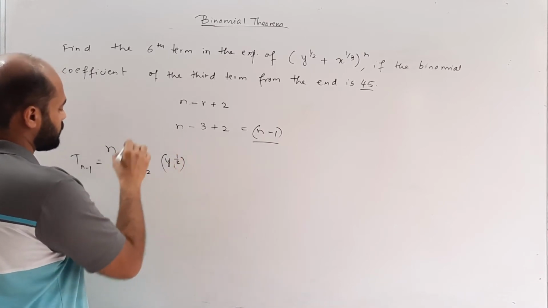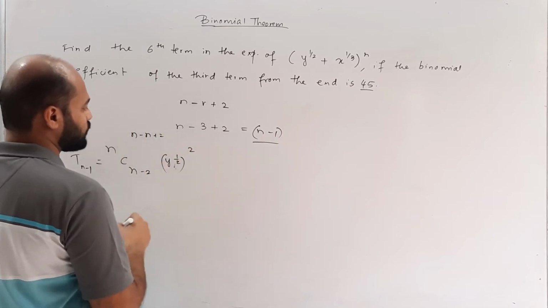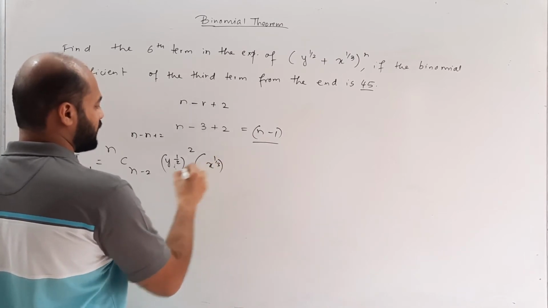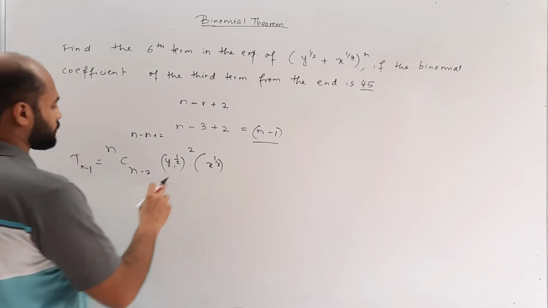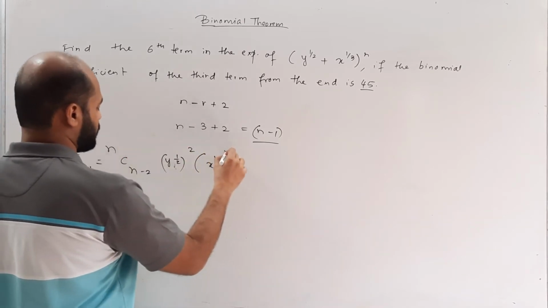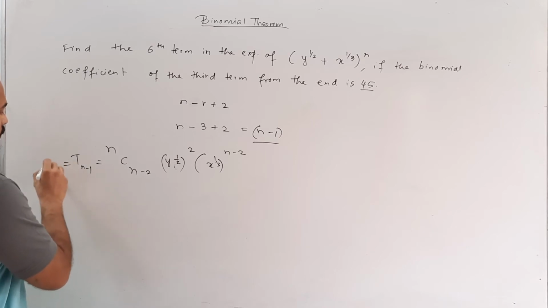This is n minus n plus 2. This is going to be raised to 2 and x raised to 1 by 3. This is going to be like n minus 2. Now this term is given to us as 45.